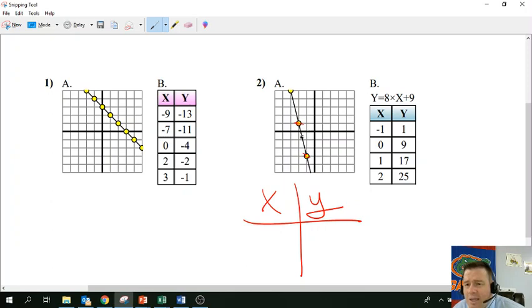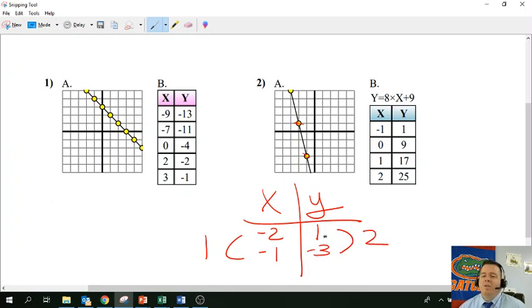That's going to be a -2 for the X, and for the Y, this is 1. The next one is going to be a -1 for the X, and for the Y, this is 1, 2, 3, so a -3. To determine the change, the difference is going to be 1 here and 2 here. It's going to be 2 over 1, or 2. So the rate of change for this coordinate plane is 2.